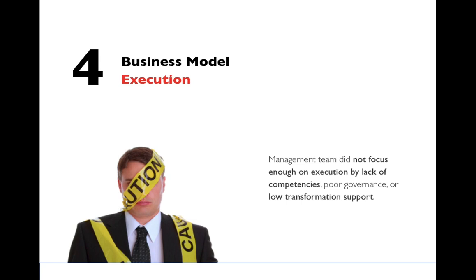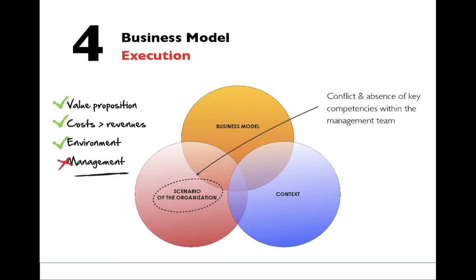How we execute that business model. So once we've built the business model, how do we translate that and upscale it into the fully fledged business? So in other words, what we're talking about here is how well we manage that business, how we lead it. It links back to the first slide that I spoke about on leadership. So we've got the business model right, we've got the context right, but unless the organisation is managed and running properly, then again, that's going to cause issues and lead to failure.